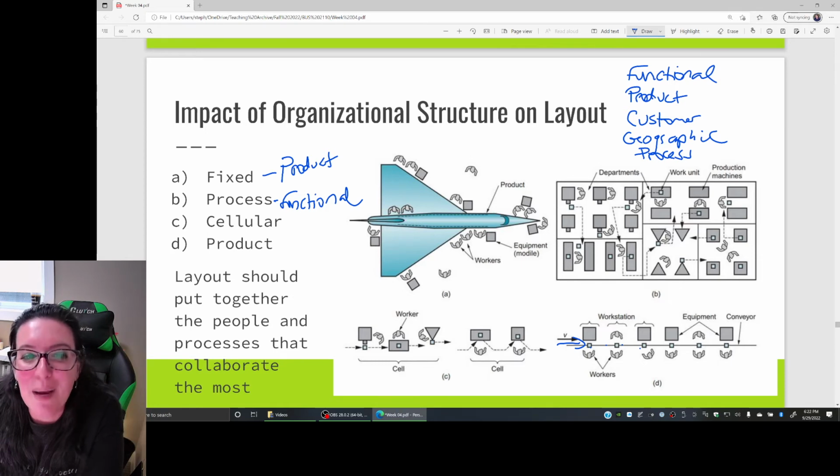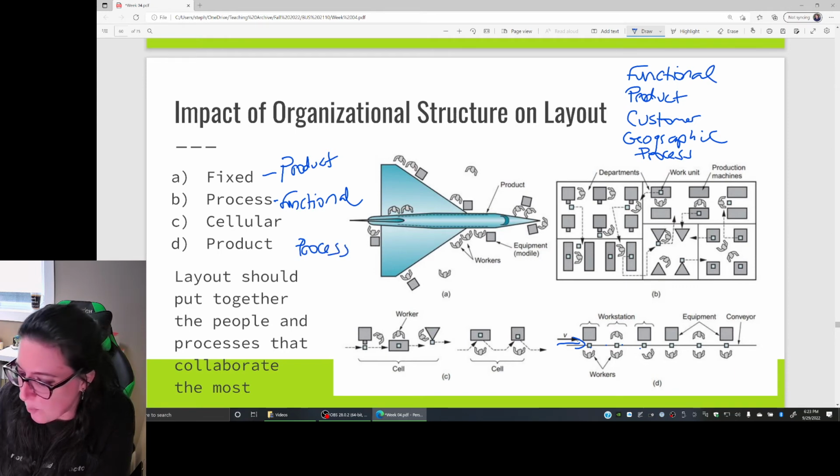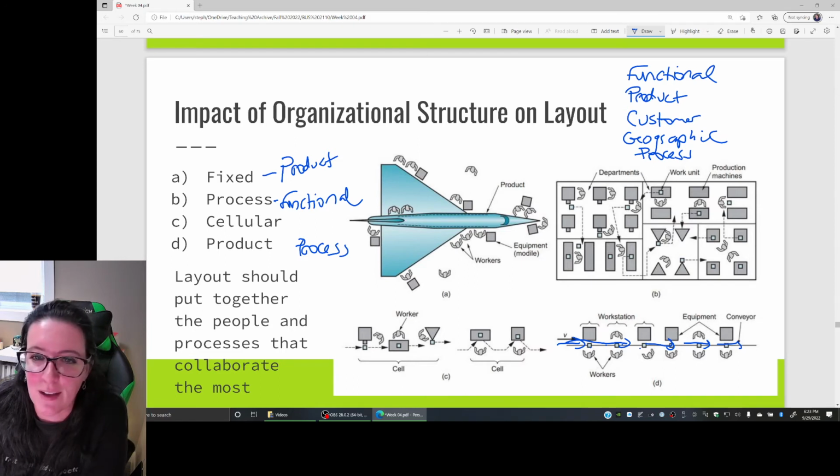So what type of departmentalization would you have here? Well, we could group this set of individuals together based on process, on workflow. So that workflow is flowing through, which means they're all part of that production line. So a product layout goes with process departmentalization.